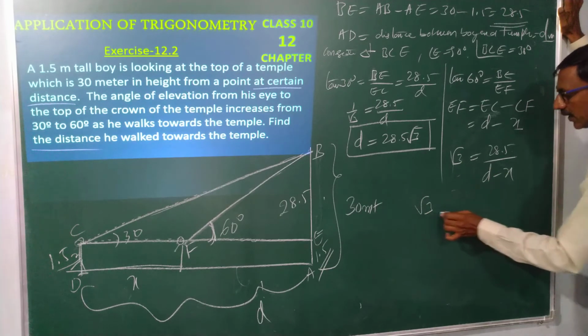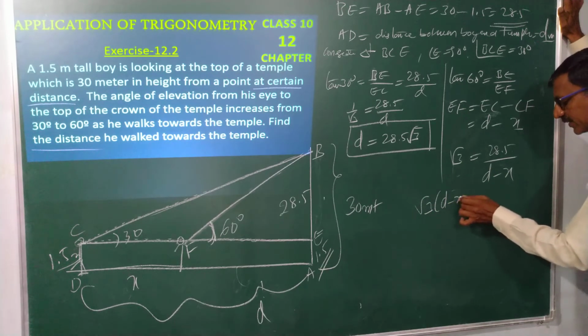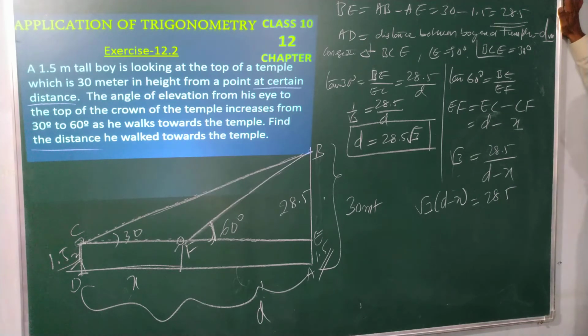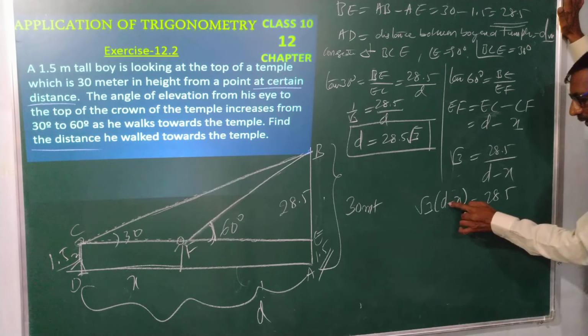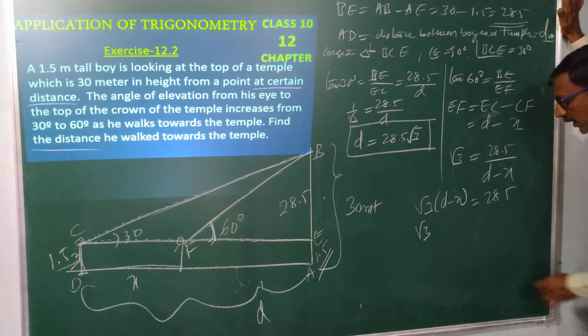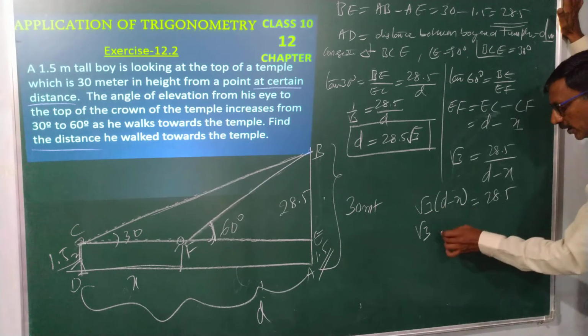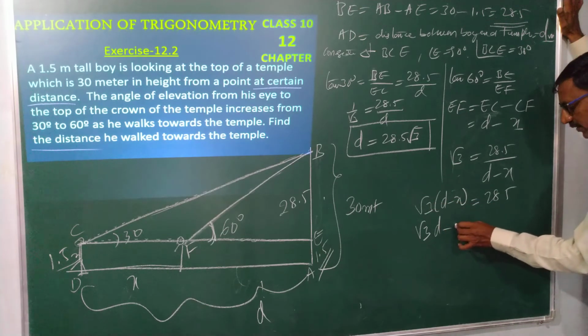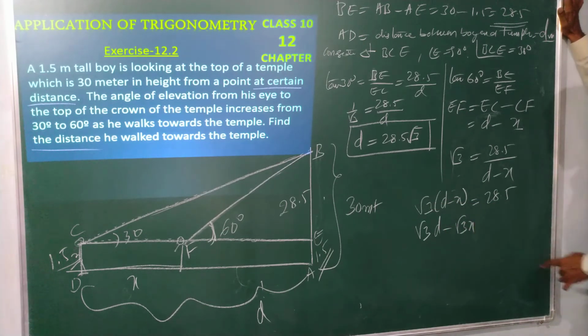So root 3 into D minus X is equal to 28.5. Distributing, root 3D minus root 3X is equal to 28.5.